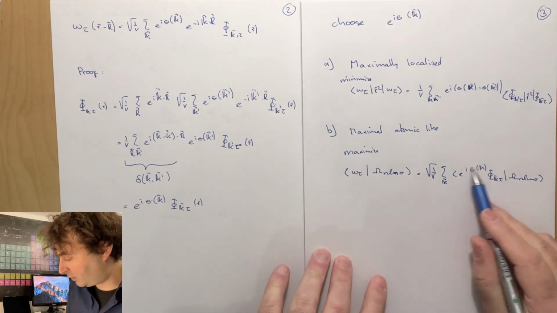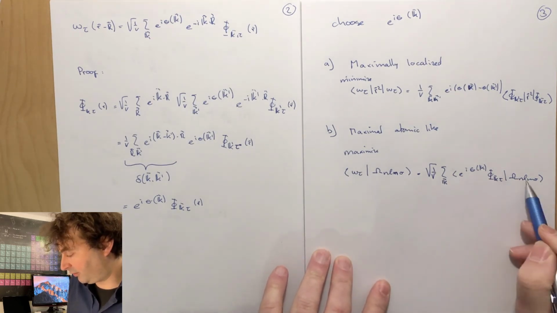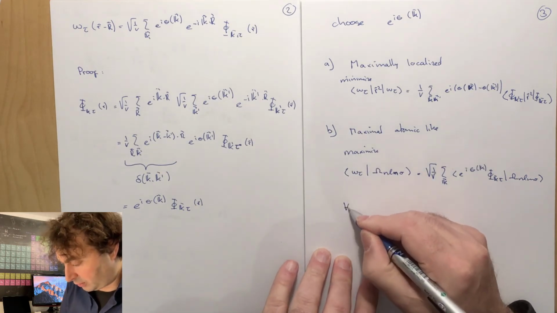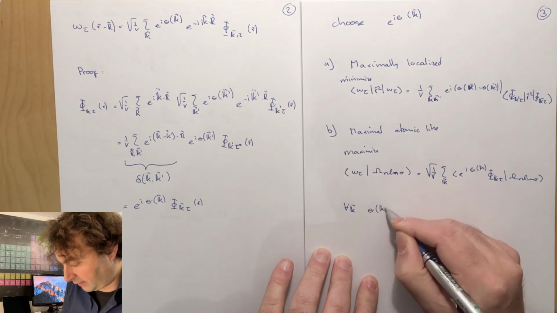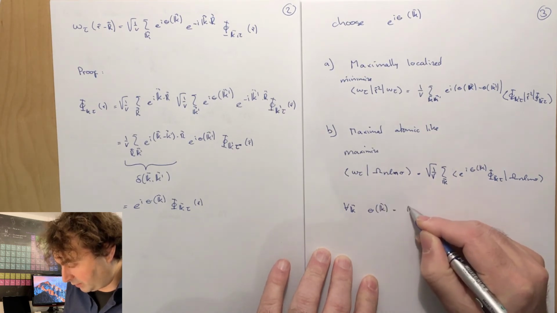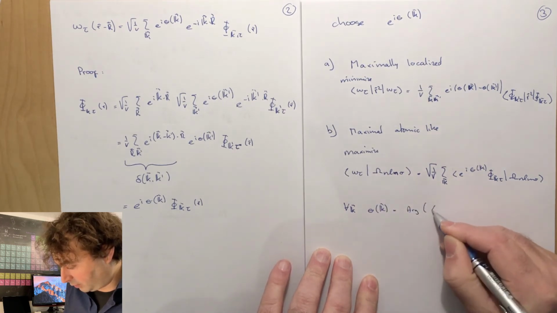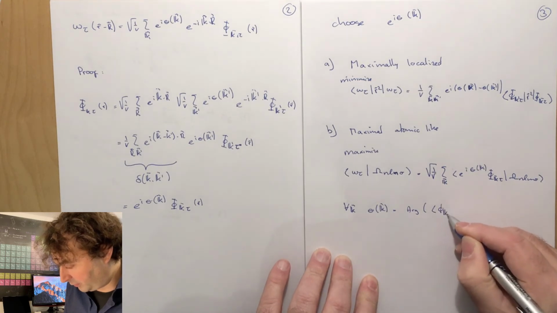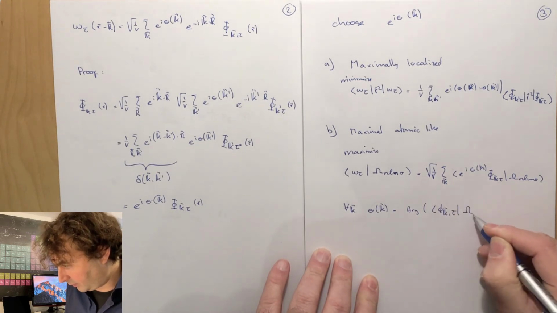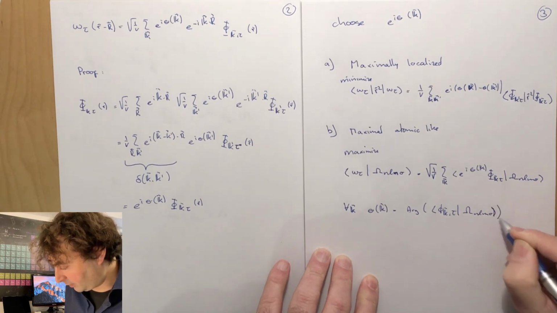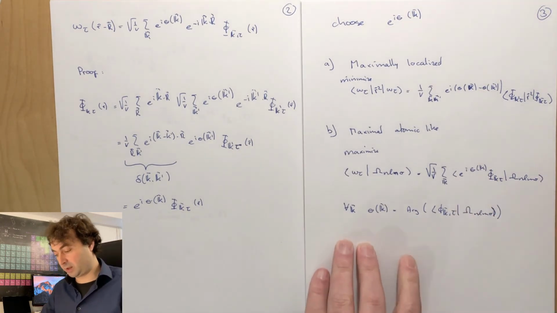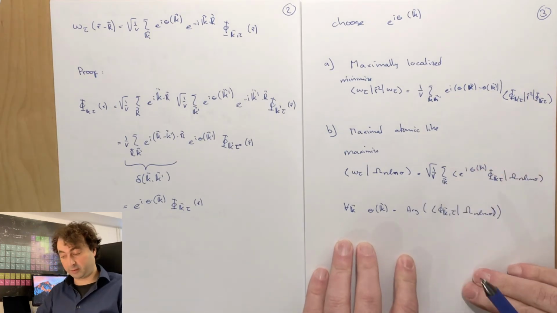So we want this phase to cancel the phase of our overlap. For any k vector, we want theta k to be the argument of the overlap between the eigenstate and the atomic wave function, such that this is nicely a positive number for each k vector.